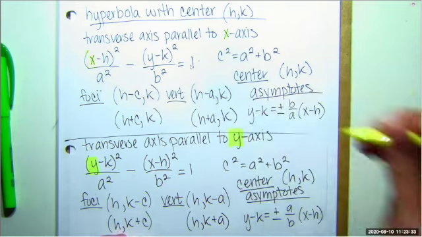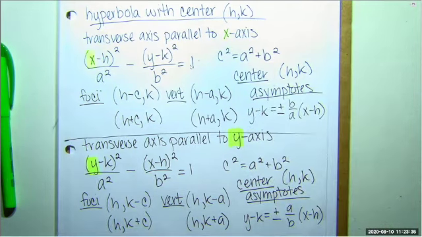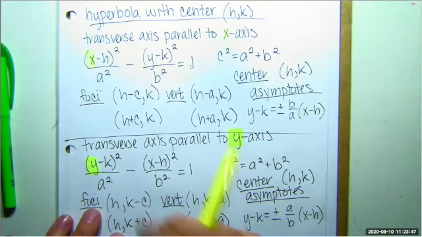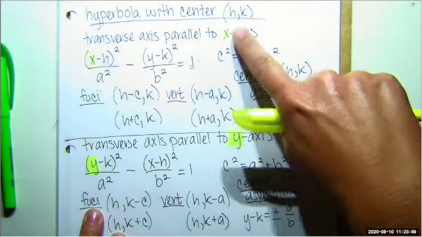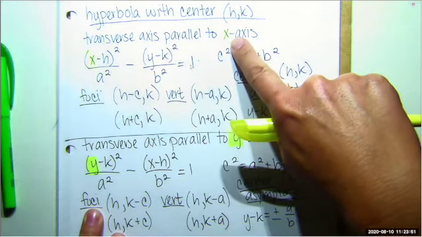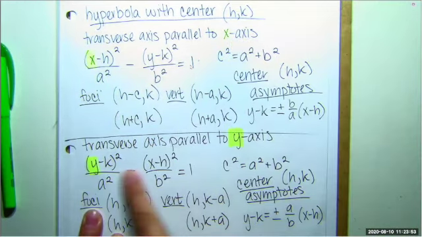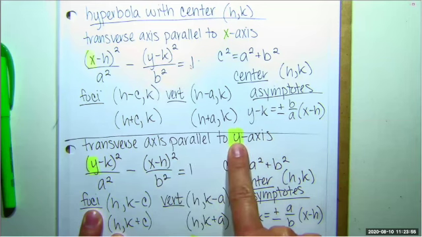That's what determines that our transverse axis is parallel to the y-axis. Okay, so this is very different than the ellipse. For our ellipse to figure out where the major and minor axis was, we looked at the denominators, figured out which one was bigger. Here this is different. X occurs first. That means our transverse axis is parallel to the x-axis. Y occurs first. That means our transverse axis is parallel to the y-axis.